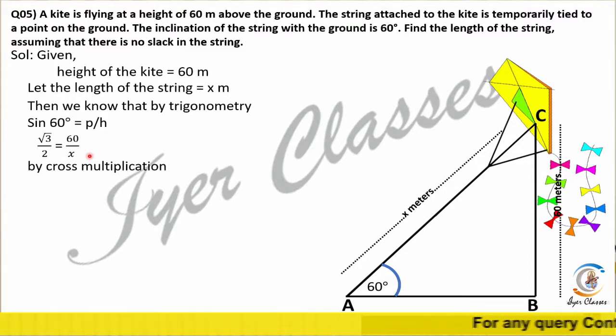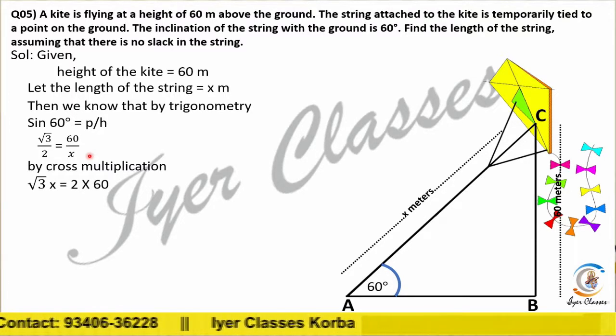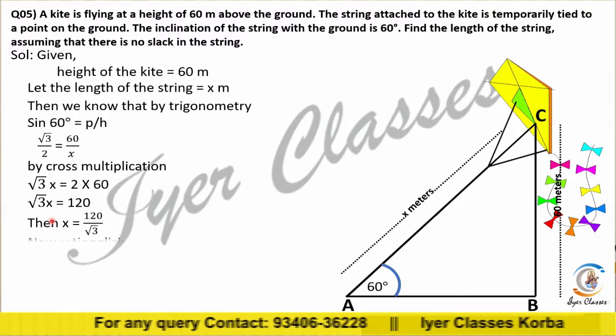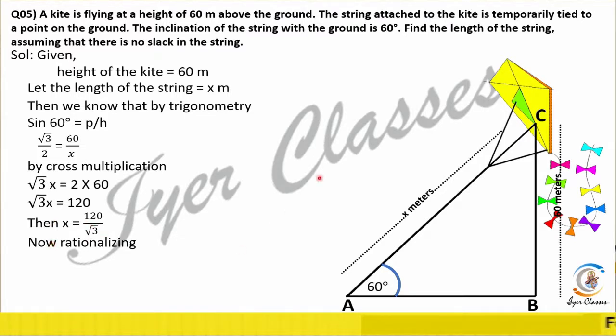Now, if you cross multiply, you will get root 3 times x is equal to 2 into 60, which is root 3 x is equal to 120. So, what is x? That is 120 divided by root 3, right? Now you have to rationalize it, because you cannot have an irrational number in the denominator.